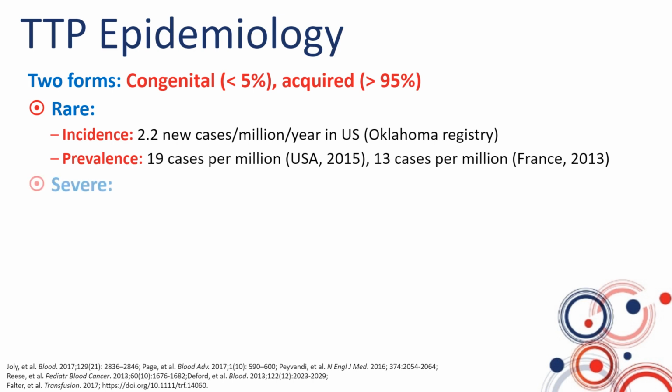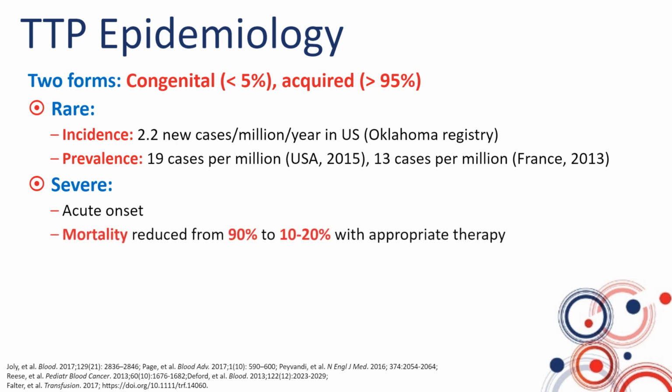The severity of this disorder could be very different in different patients at first acute episode compared to relapses. And usually the first episodes are very severe and the mortality is very high. Unfortunately, with the introduction of plasma exchange and immunosuppressive treatment, the mortality dropped from 90% to 10 to 20%.